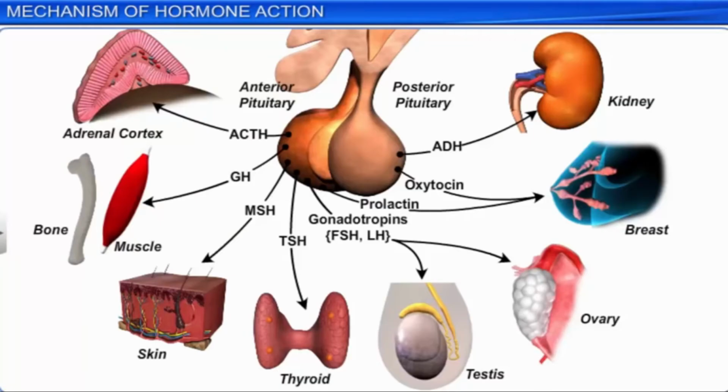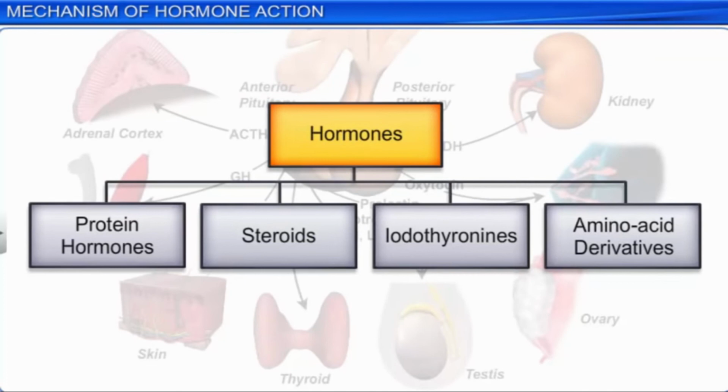Every hormone has certain effects on the target tissues it acts on. Based on their chemical nature, hormones are divided into groups such as protein hormones, steroids, iodothyronins, and amino acid derivatives.